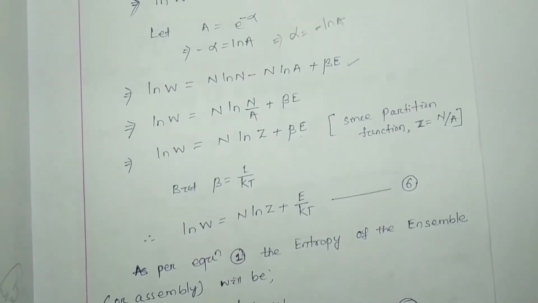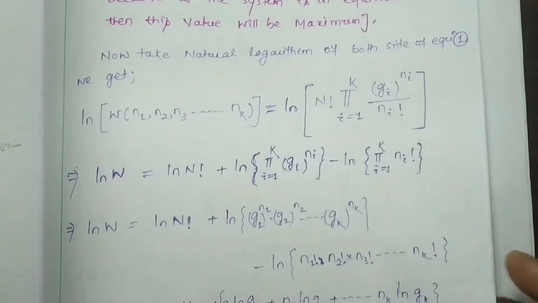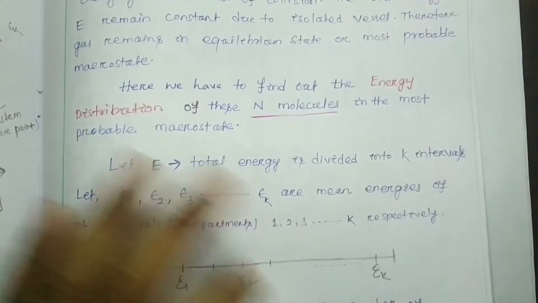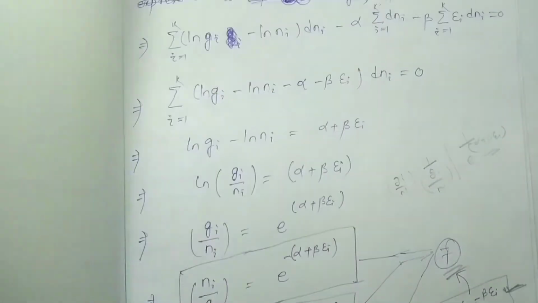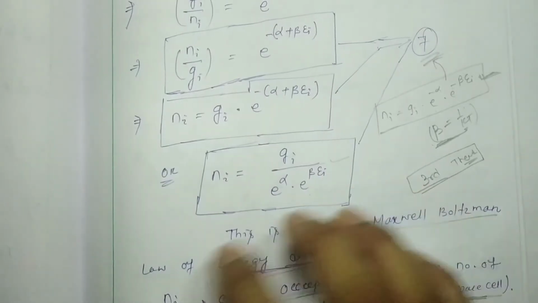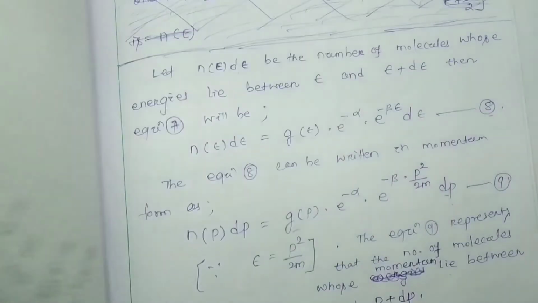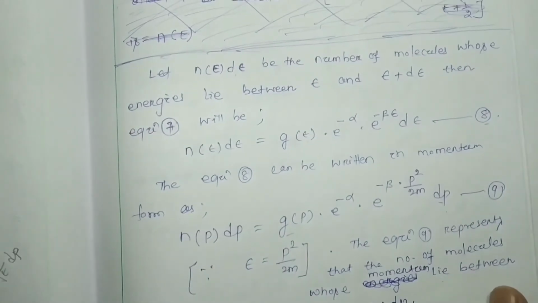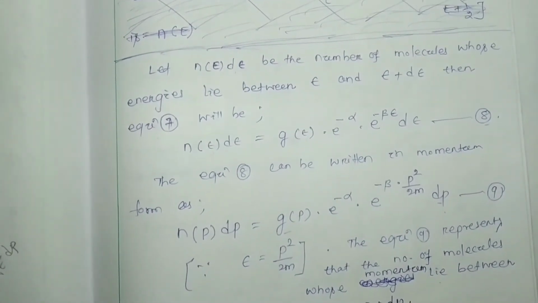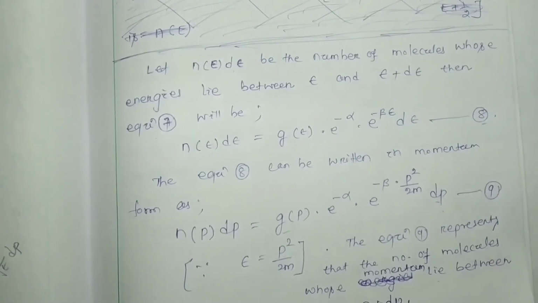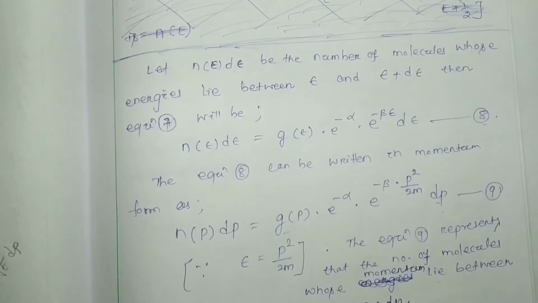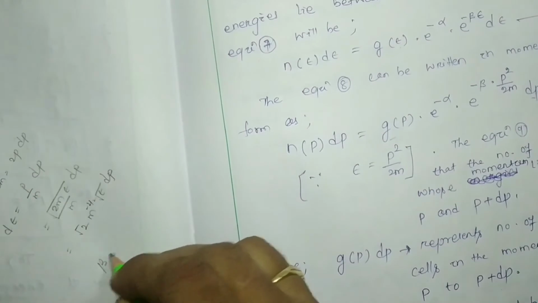You can check your note: in the third semester, after the derivation of the Maxwell-Boltzmann distribution, we derived the values of alpha and beta. You can check your thermodynamics note. There we found beta equal to 1 by kT, where k is the Boltzmann constant.